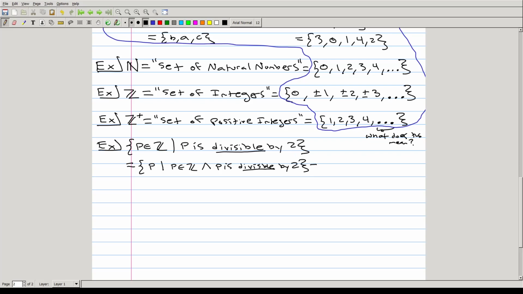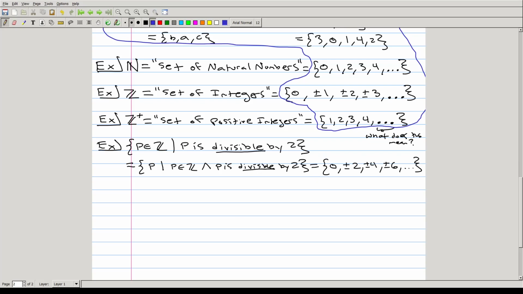However, from basic arithmetic, you should hopefully remember what divisible means, and we know that the integers that are divisible by 2 are going to be the numbers that we can divide by 2 and get back an integer, and that's going to be 0, plus or minus 2, plus or minus 4, plus or minus 6, and so on and so forth.